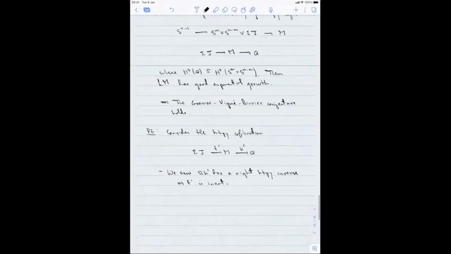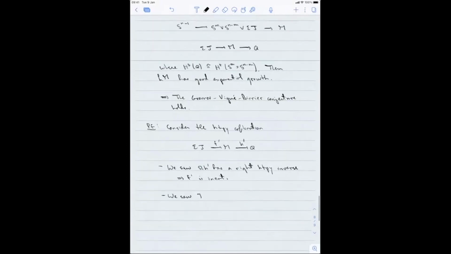And we saw that, through the use of what we're calling corollary C, there's a homotopy fibration. The fiber of the map from M to Q is loop Q half smash suspension J.